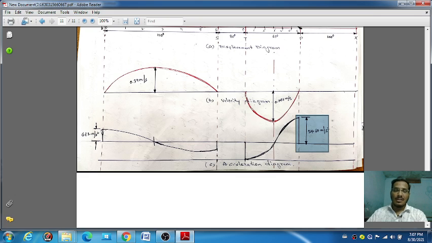Okay, we have to draw this curve smoothly, with a smooth pencil, or free hand. Just mention the values, how much the acceleration is at the highest point and how much at the lowest point, that we have to show here.